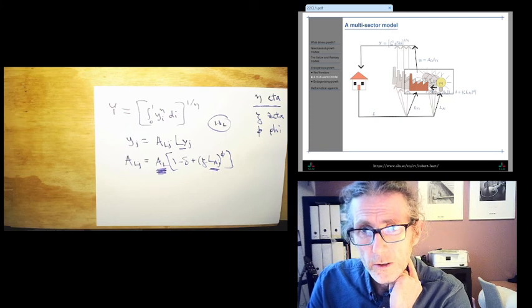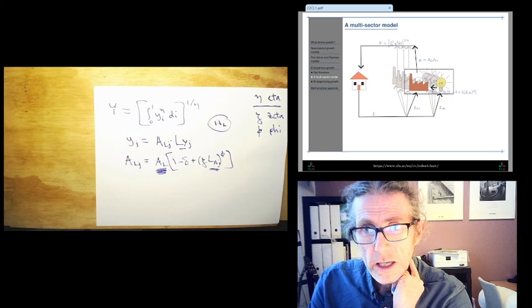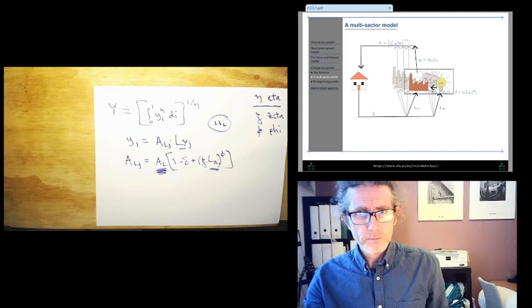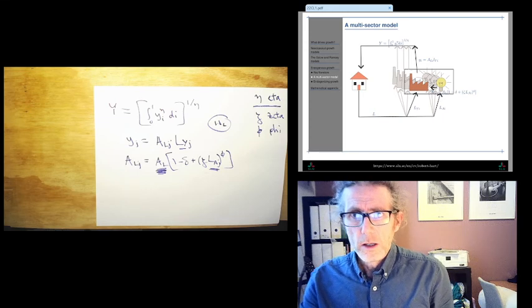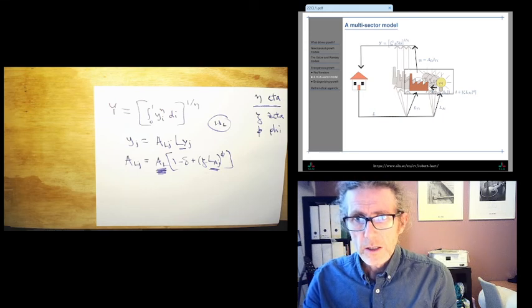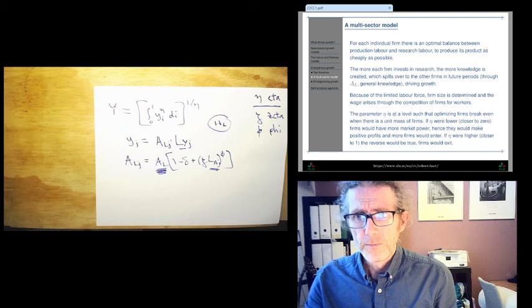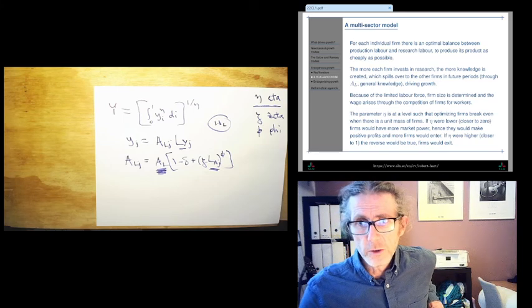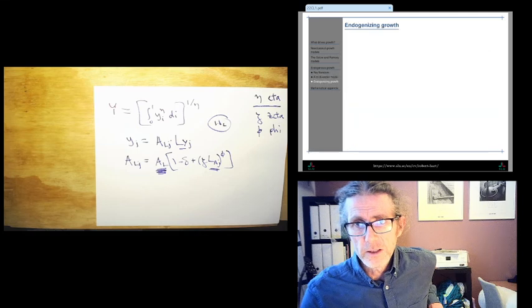But we've got the factories, where the production is going on, and the idea factories here. Here is the big Y sector where everything is getting put together to make the final good. And here we can see the labor being split into two parts. Okay, for each individual firm, I think this is the last slide.